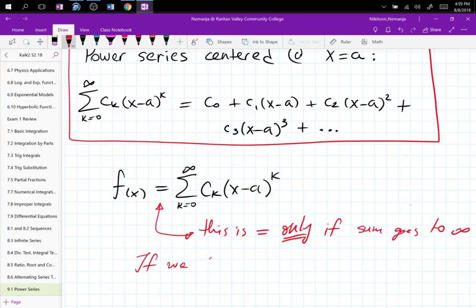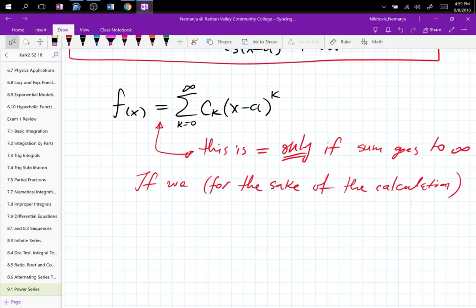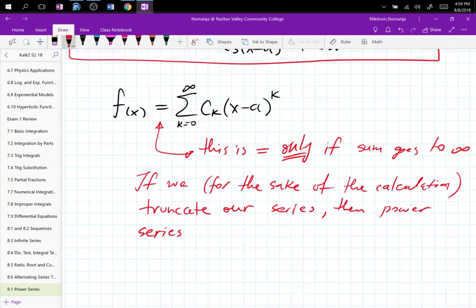If, for the sake of calculation, we truncate our series, then the power series becomes an approximation.